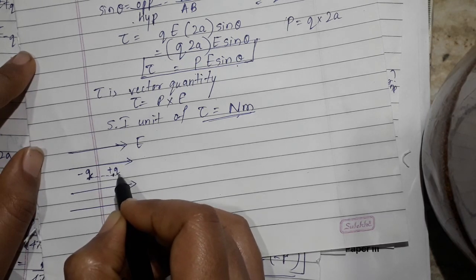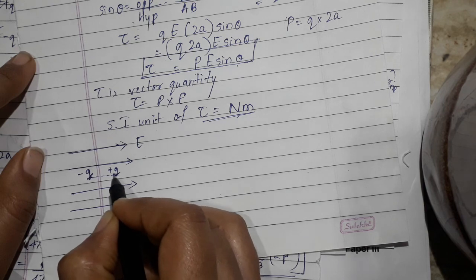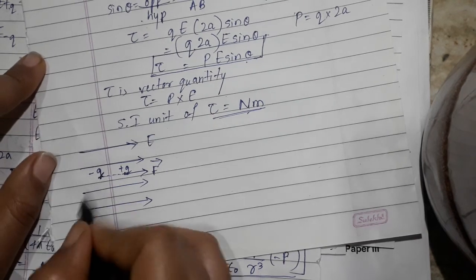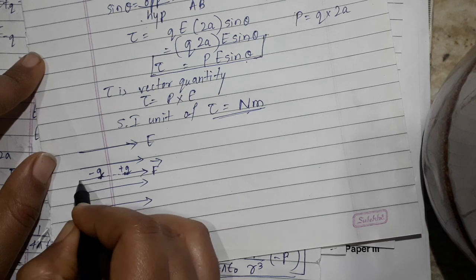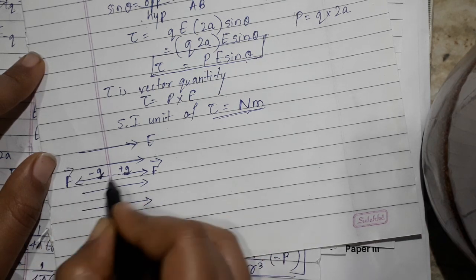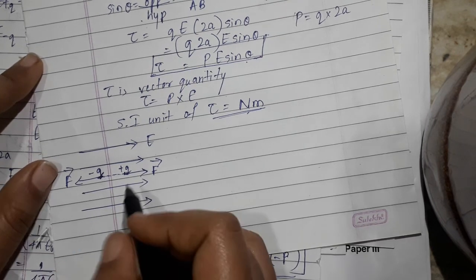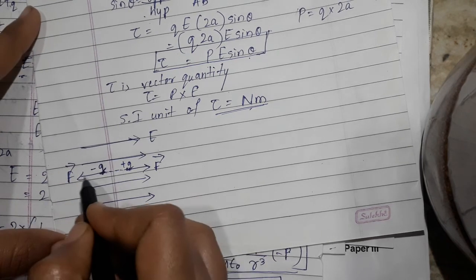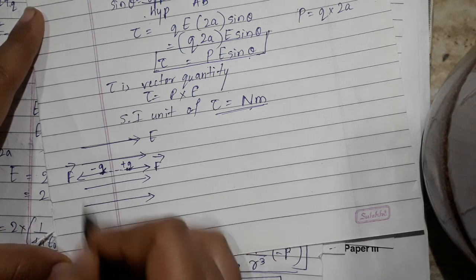The plus q charge will always move in the direction of the electric field, but the minus q charge will move opposite to the electric field lines. So the forces on the two charges are in opposite directions, and the net force will be zero.